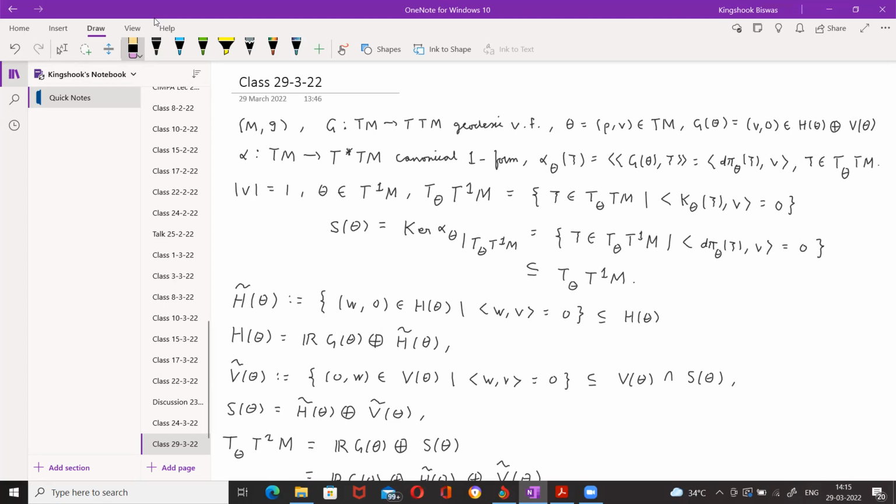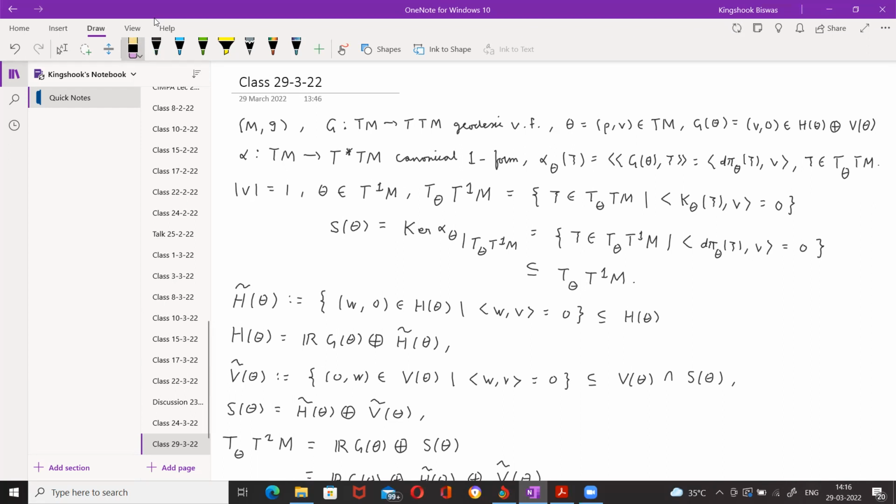And so V tilde will be vertical vector 0 W with inner product WV equal to 0. So this is contained in V theta. And this is also contained in S theta, right? Because the vertical component W is perpendicular to V. And this is contained in T theta T1M because the vertical component is perpendicular to V. And it is also contained in S theta because the horizontal component is 0. So this equation holds.